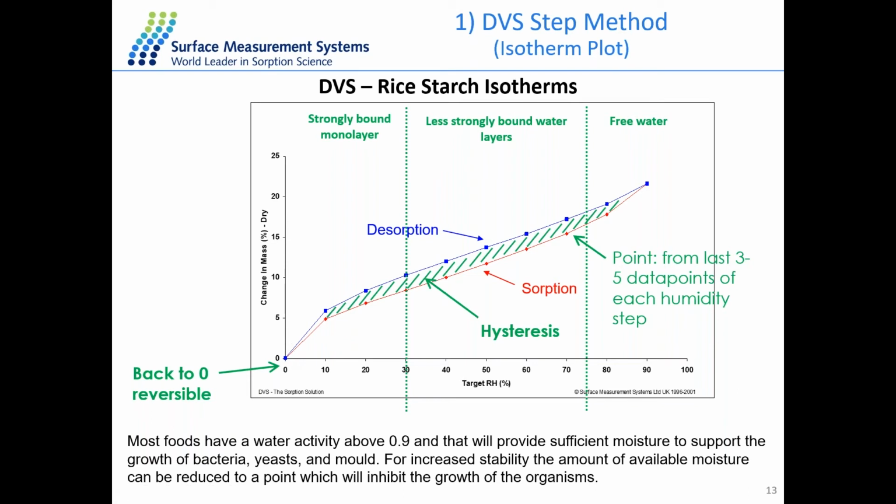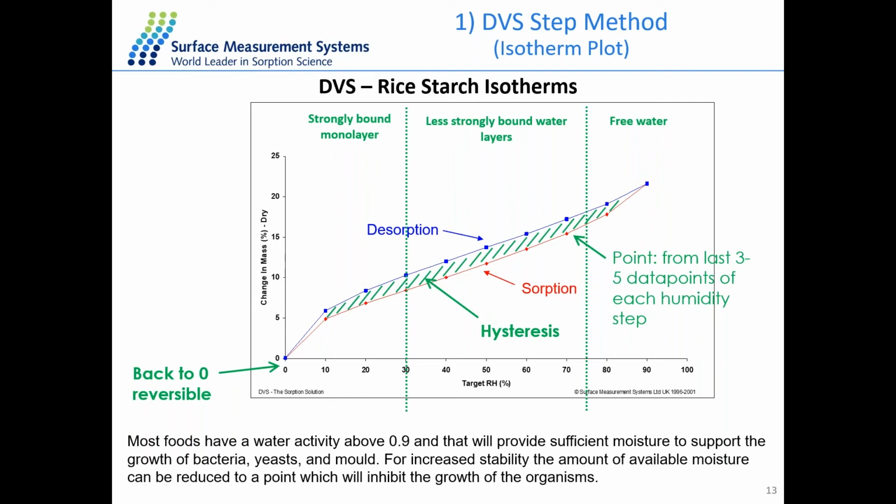And there is some other information you can get from this water isotherm. For example, the shape of this isotherm is a quite typical type 2 isotherm, which is widely found in food materials. It shows a monolayer region at the very beginning here, then a multilayer region for the less strongly bound water, and finally the free water region at high humidity levels.